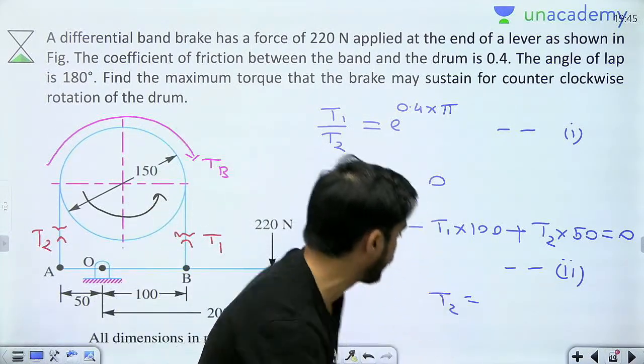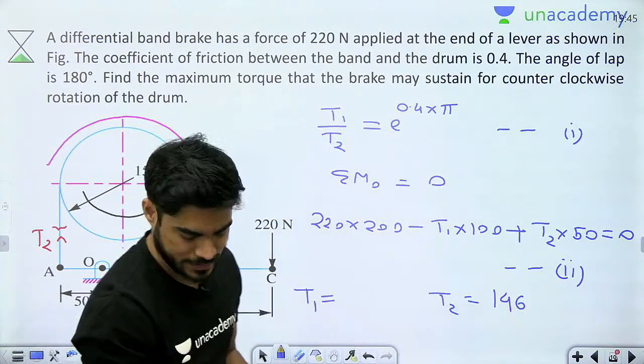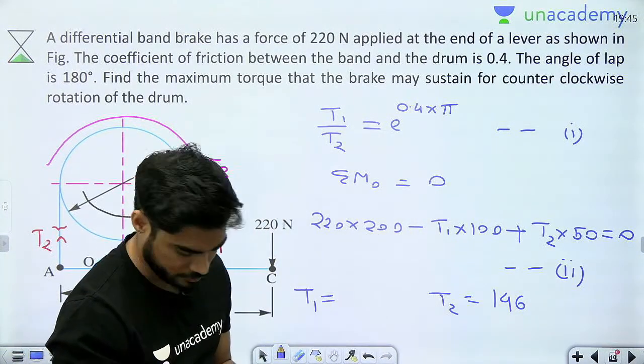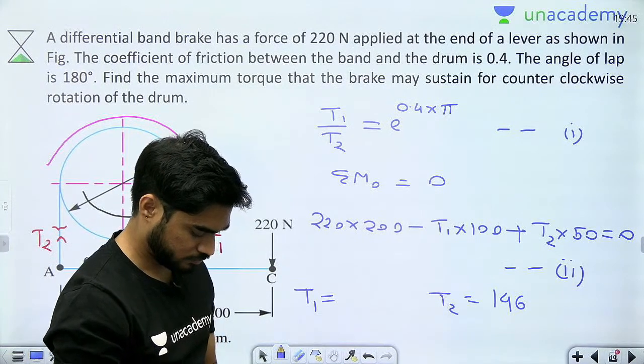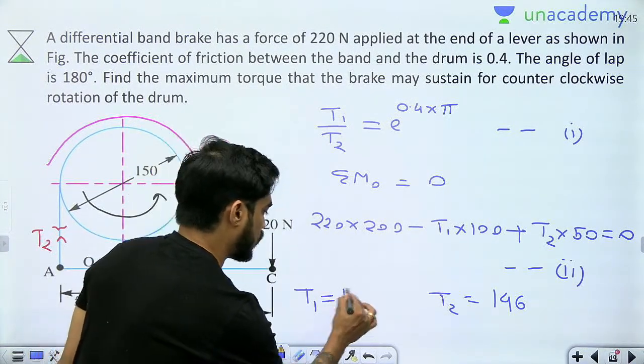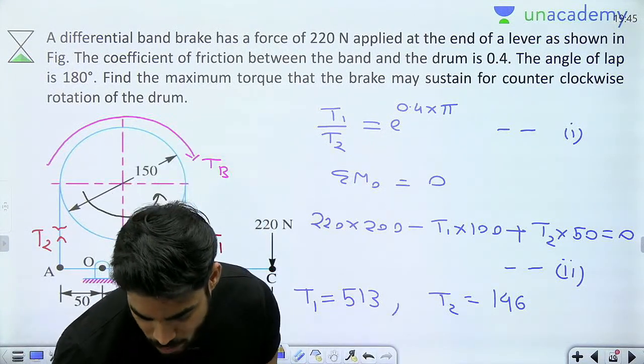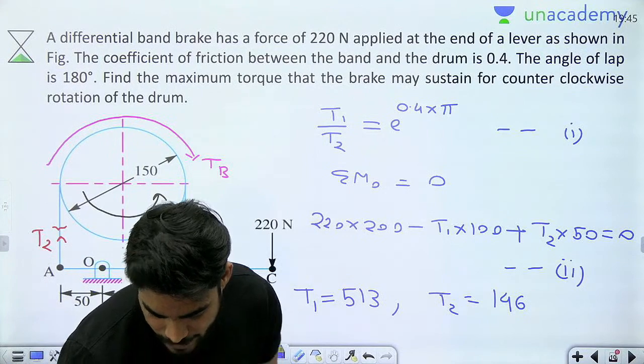T2 is 146 and T1 is 513. Yes, T1 513, T2 146. Very good, Dinesh.